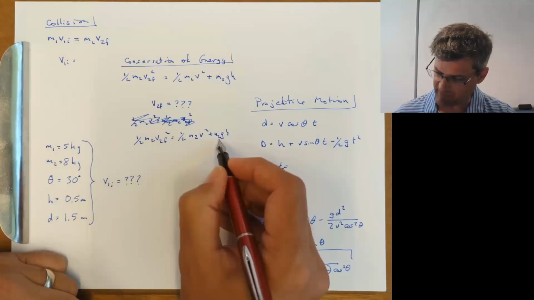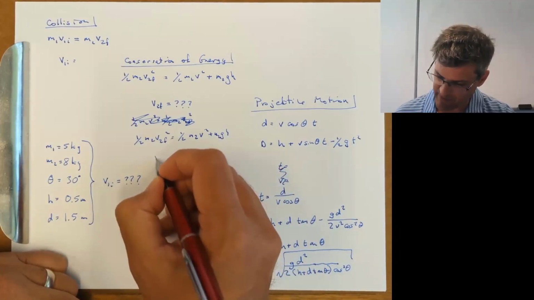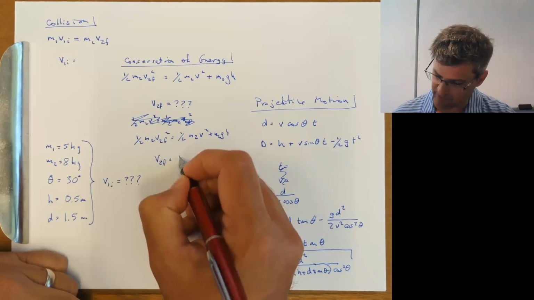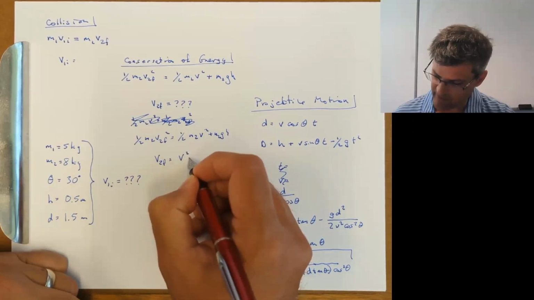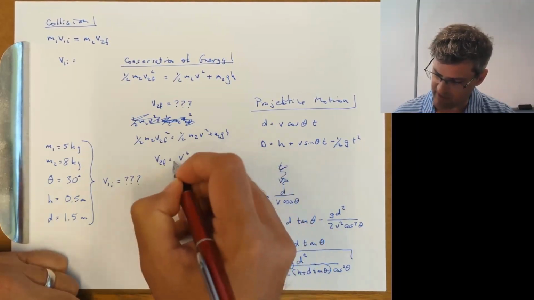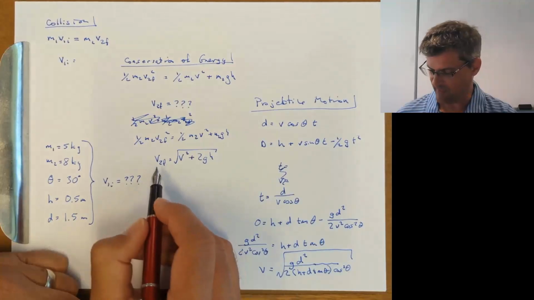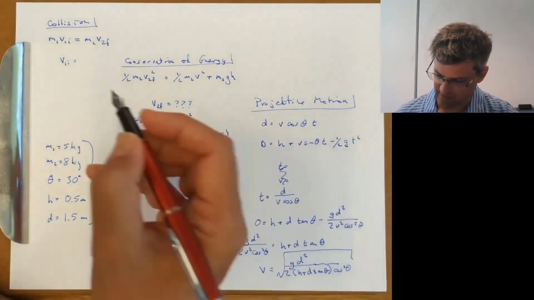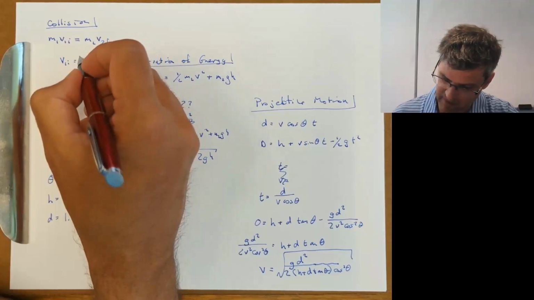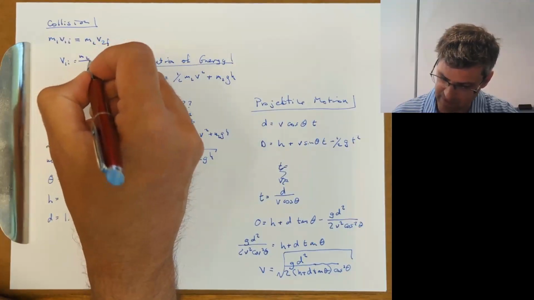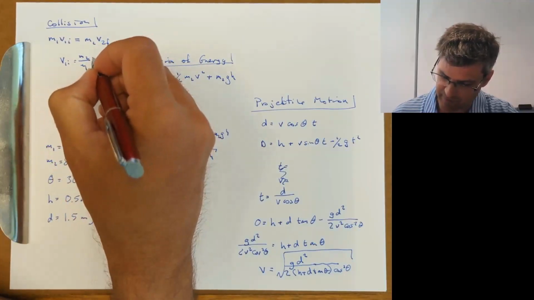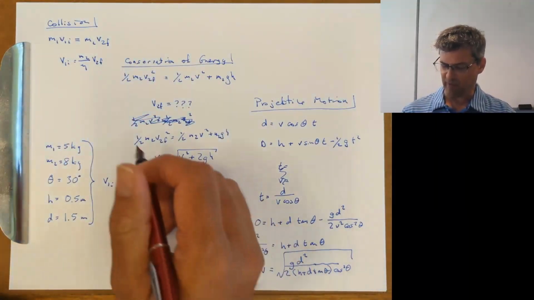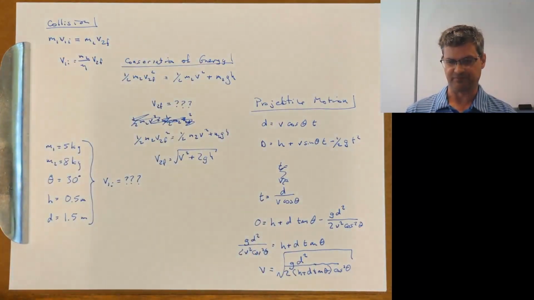I can multiply everything by 2, divide everything by m2, and find that v2 final is equal to the square root of v squared plus 2gh. Now I know what this is. I can plug that in up here, and this tells me v1 final is m2 over m1 v2 final. So I can work my way through this progression.